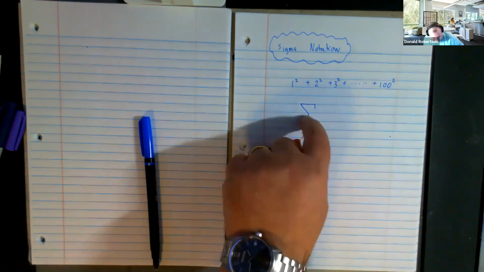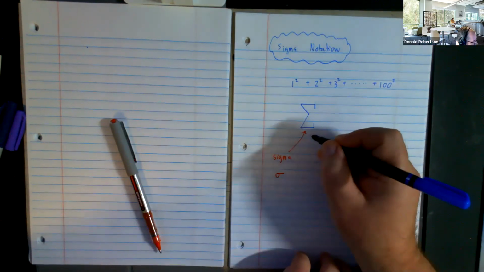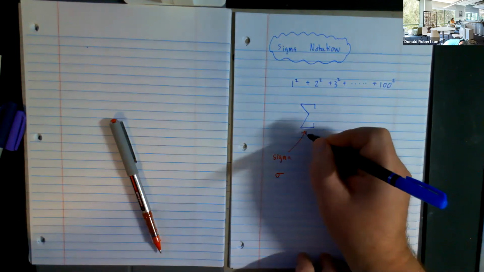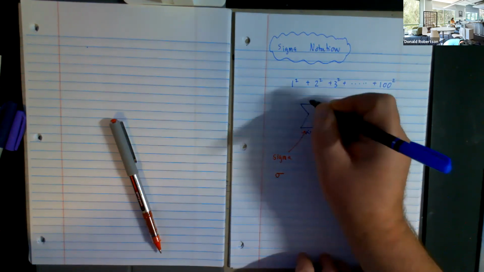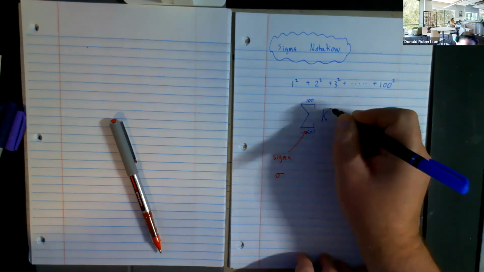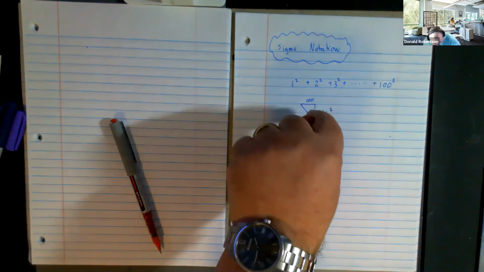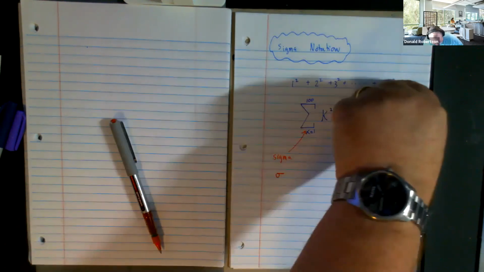So Greek letter, sigma. You then put in, you can really put any letter you like in, but I'm going to do k equals 1 to 100 of k squared. Now let's see how that represents this.